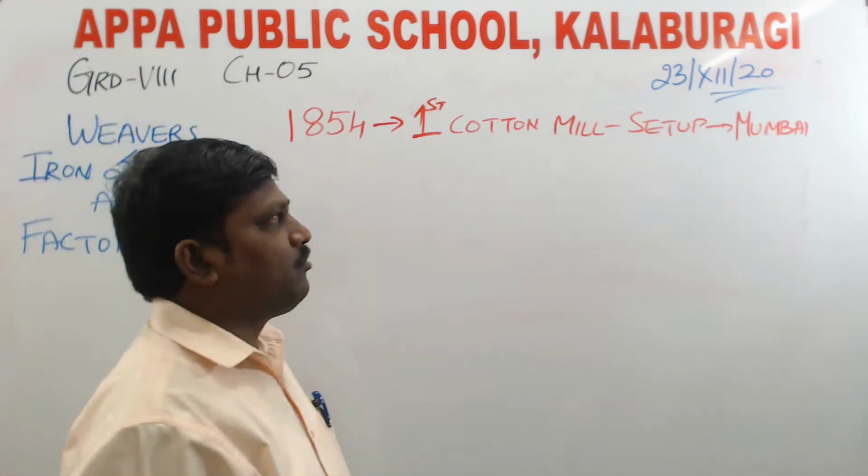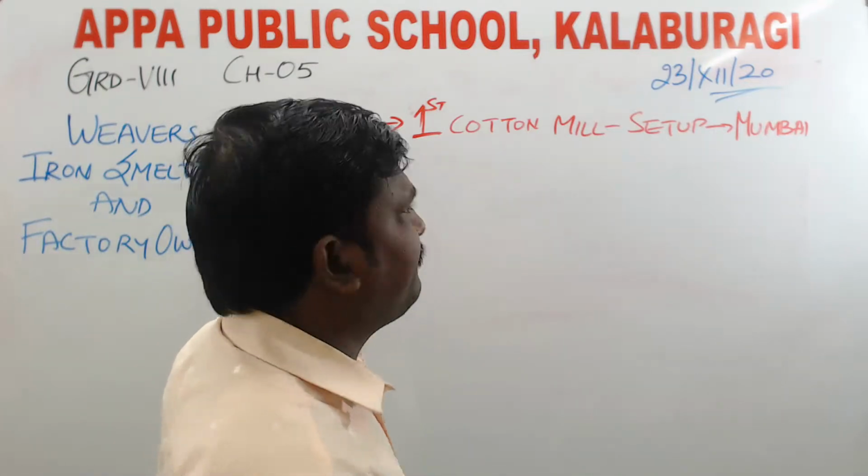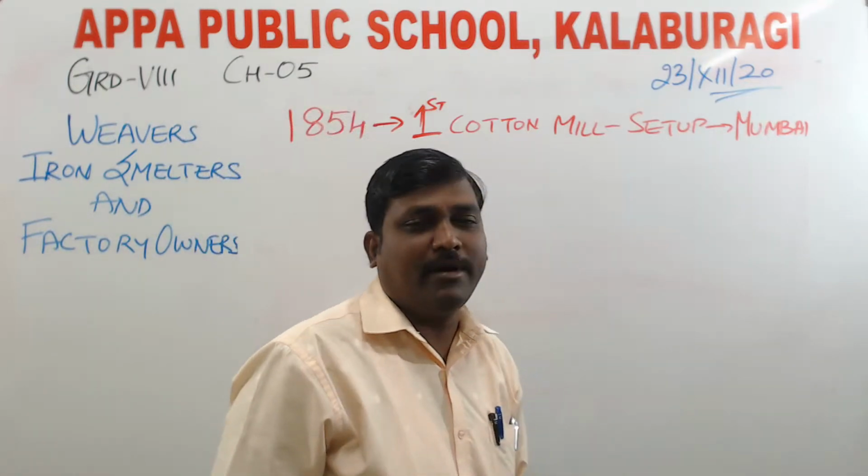It's Bombay, earlier it was called Bombay. Rightly they call it Mumbai now, but in the textbook it is mentioned as Bombay only. Okay, in 1854 the first cotton mill of India was set up in Mumbai, Bombay.